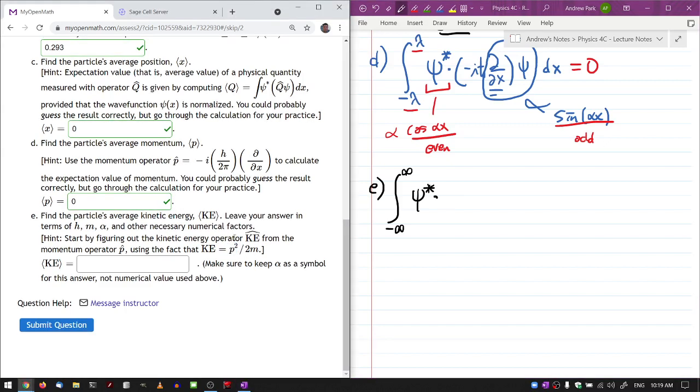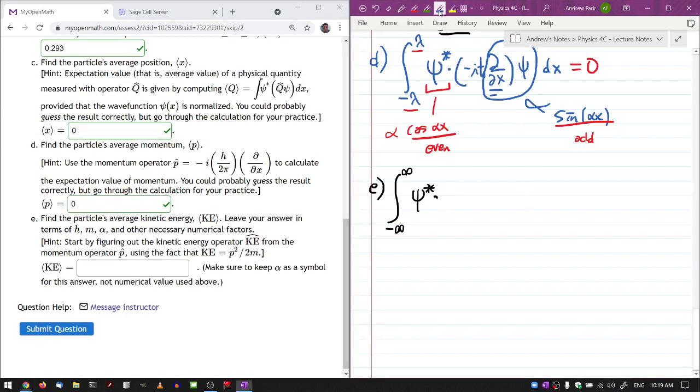It's going to end up being, let me write it out, minus, the minus comes from minus i squared, h bar squared over 2m times the second position derivative. And that operator is acting on the wave function, dx. All right, I think I might actually be able to do this by hand if I do this carefully. So let me write it out.